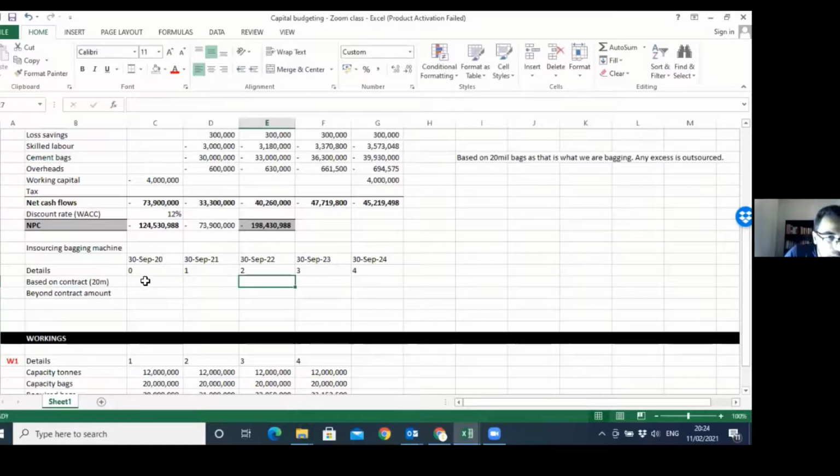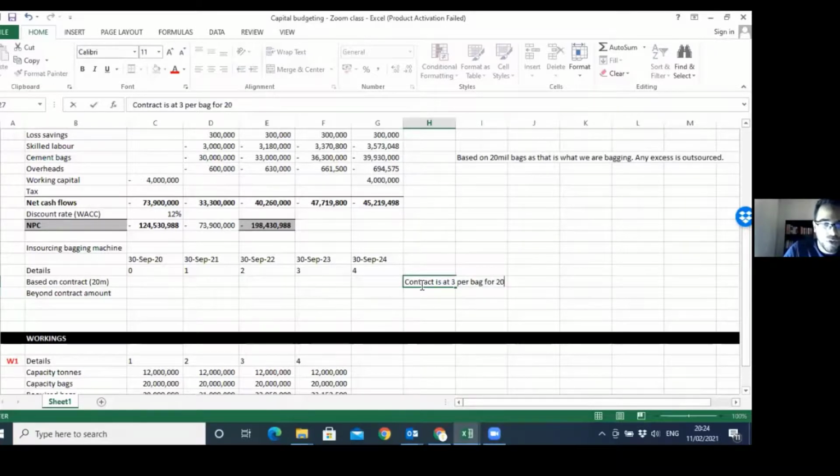The contract is at 3 Rand per bag for 20 million bags. Okay. 3 Rand 75 per bag for bags above the contracted 20 million. Okay, so just be aware of that.